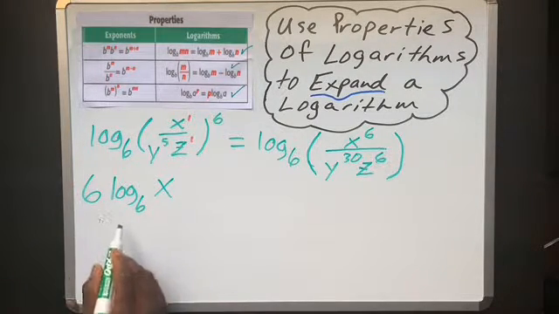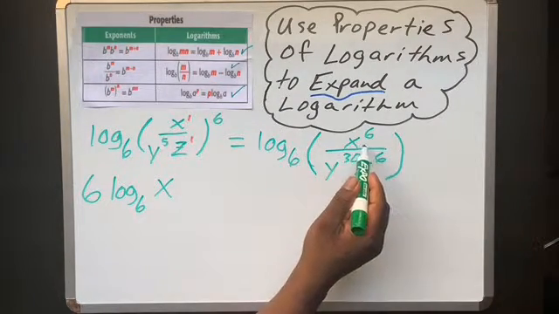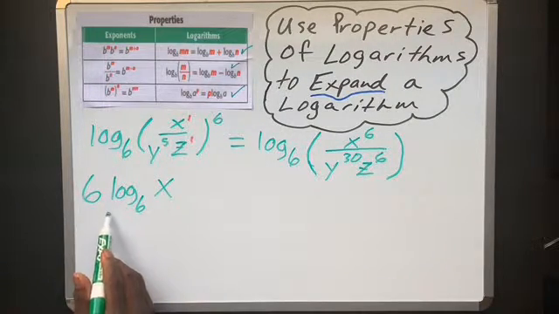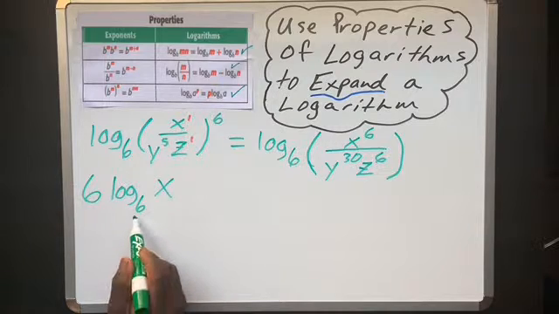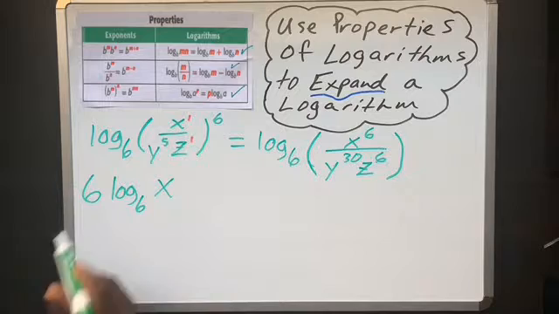All right, that's 6 log base 6 of x. Where is that coming from? We're looking at the numerator here. So we take that exponent and multiply log base 6 of x by 6.